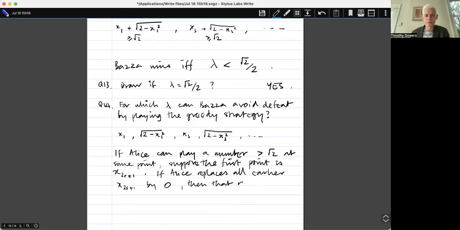So that reduces x1 plus up to x2r on the assumption that Bazza is playing this greedy strategy. So that allows x2r plus 1 to be bigger.